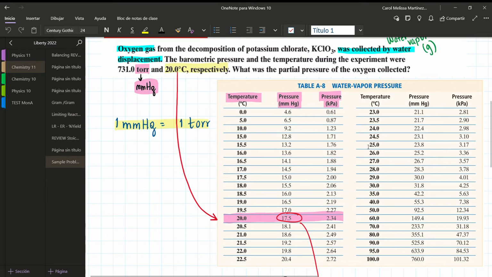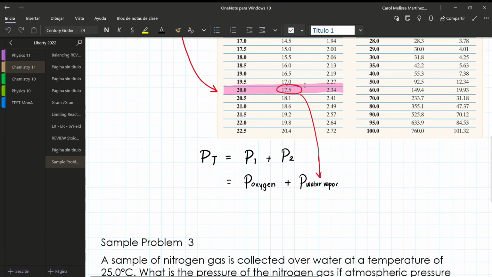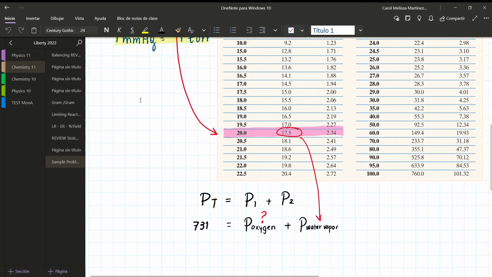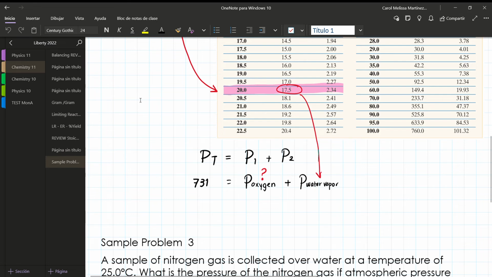Why? Because it says, what was the partial pressure of the oxygen collected? So I need to find the pressure of my oxygen gas. And the total pressure is what the problem is giving me as the barometric pressure, which is equal to 731 millimeters of mercury. Okay, these are torr, but they are also millimeters of mercury. Remember that we need to keep the units in the same conversion factor, okay?